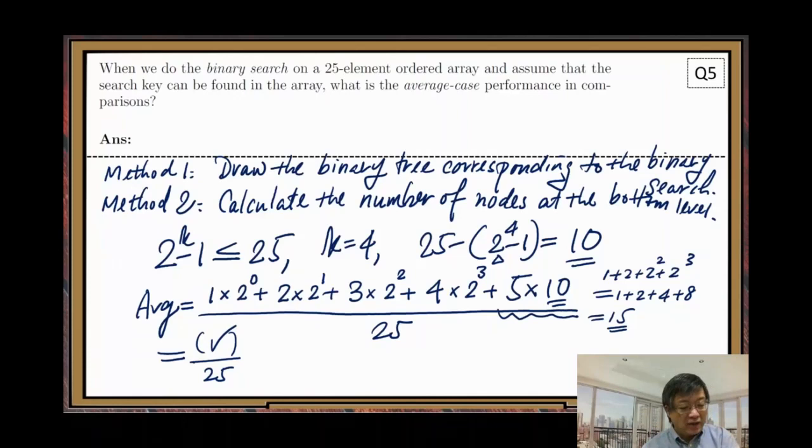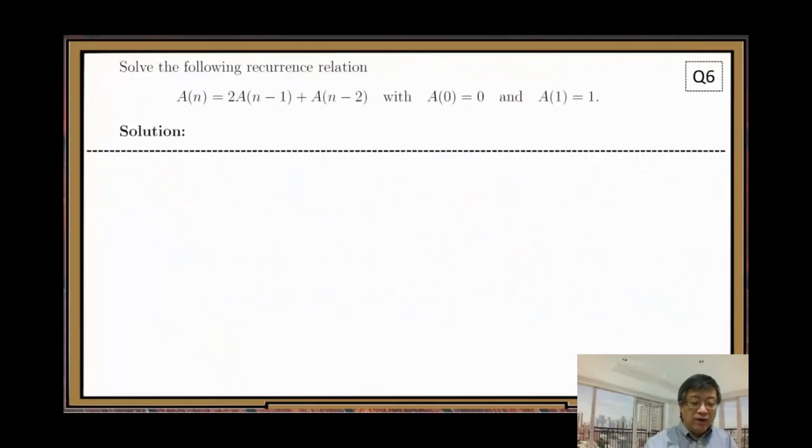All right, so the last question of this part. This time we need to solve a second order linear homogeneous recurrence relation. Step 1, find the characteristic equation.